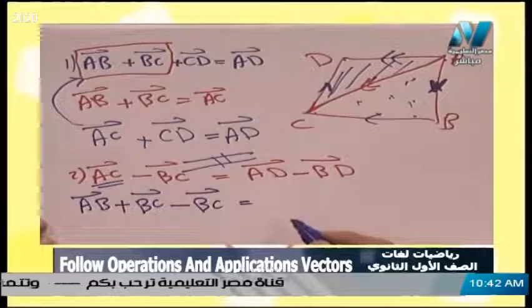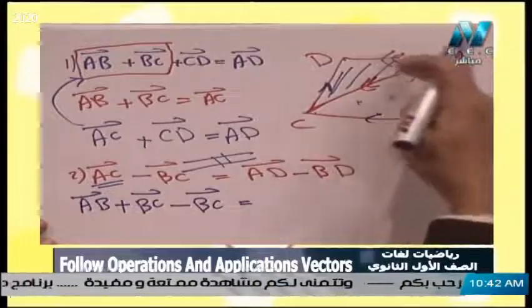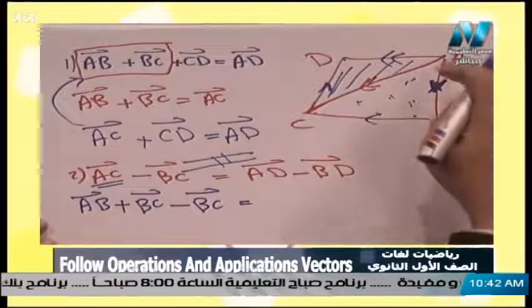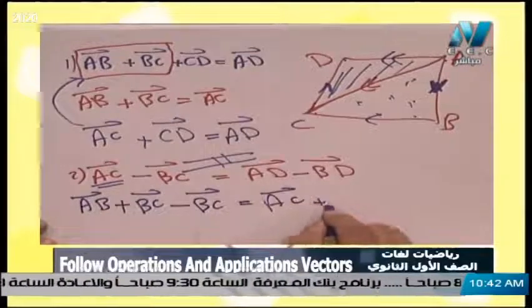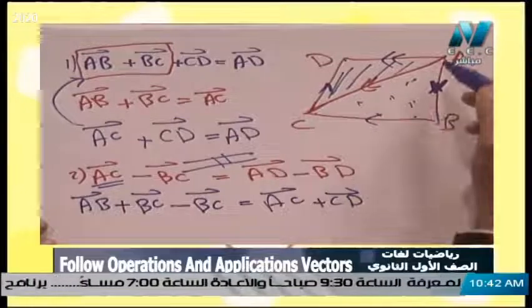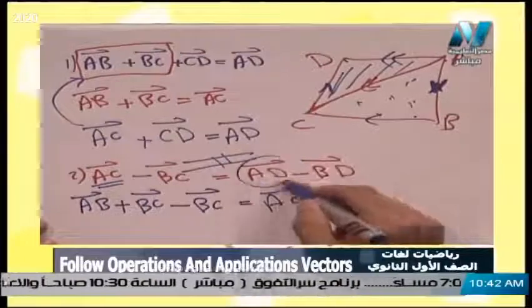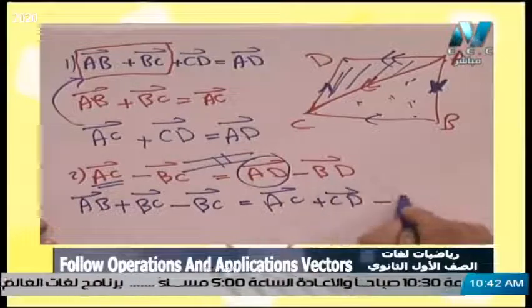We also have AD in this triangle. We can substitute AC plus CD instead of the vector AD here, but we put BD as it is.